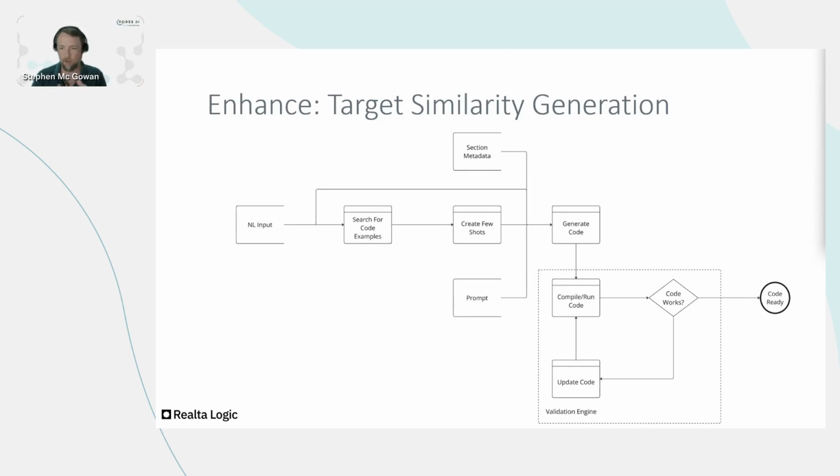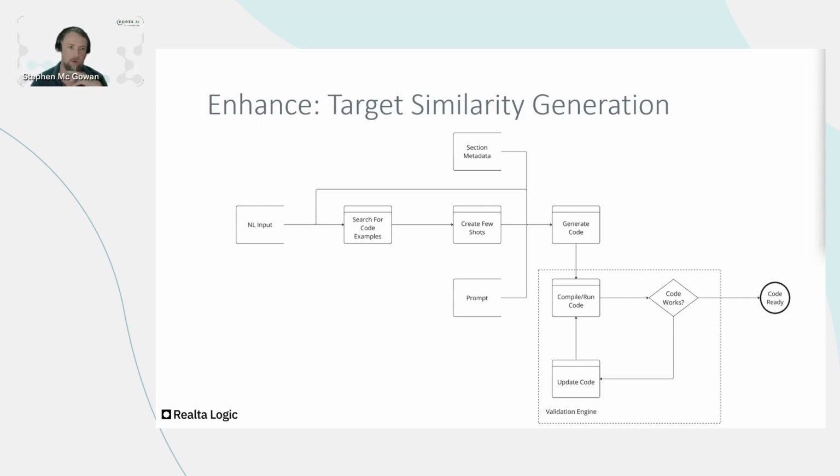So instead of having a fixed set of few shots or fixed examples, we're saying, okay, give me the top 10 code examples that come from sections I've already coded against.